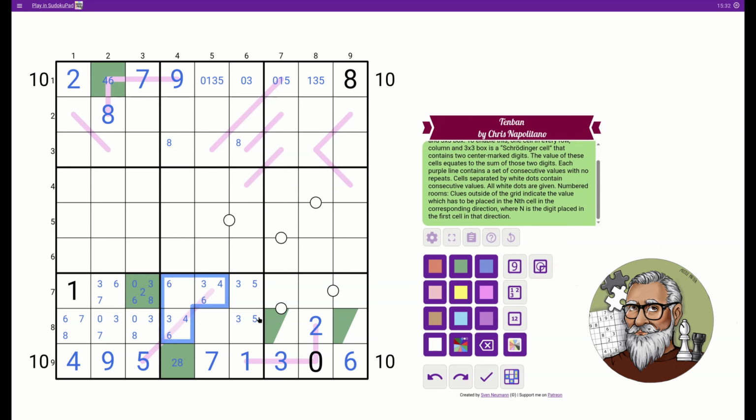Right. 7 we have. Still need a 0 though. And we need a 9. Whew, that could be anywhere. I don't know why I keep on pencil marking the 0.